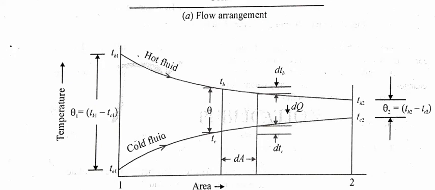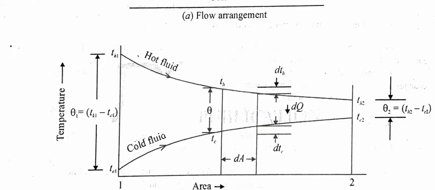Now this is the main important temperature difference graph. The hot fluid is coming in at temperature Th1, and the cold fluid's temperature is Tc1, where the temperature difference is much higher. When they come in contact with each other, initially there is a large difference between Th and Tc.